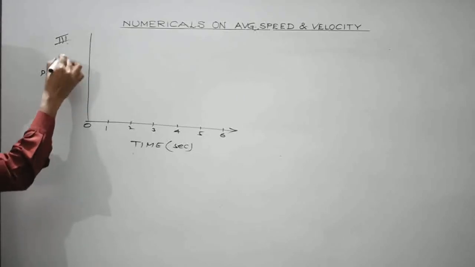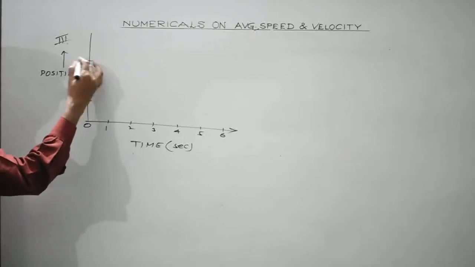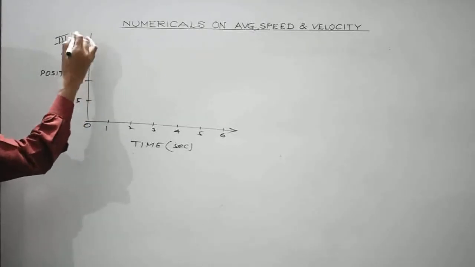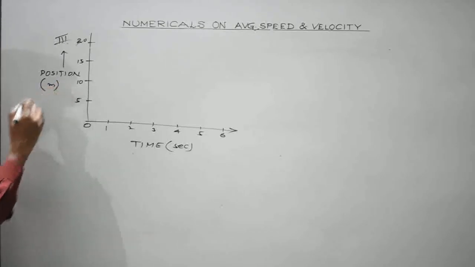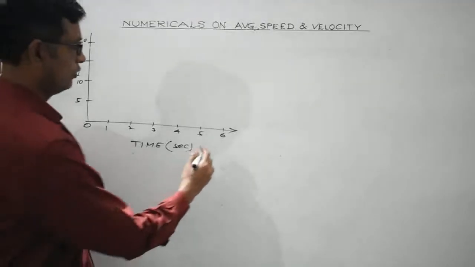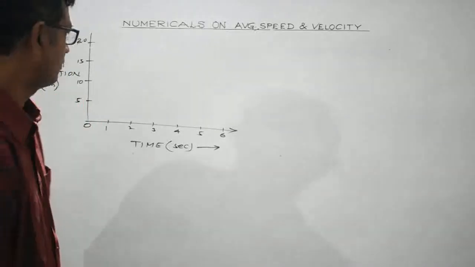So let us consider to be 5, 10, 15, 20, right? And suppose it's given in meters. So we are talking about XT graph or position time graph.